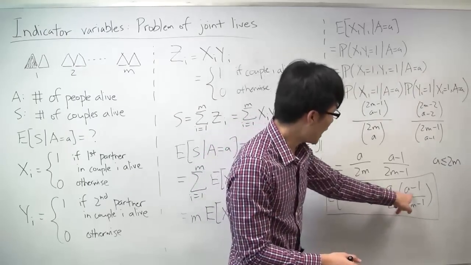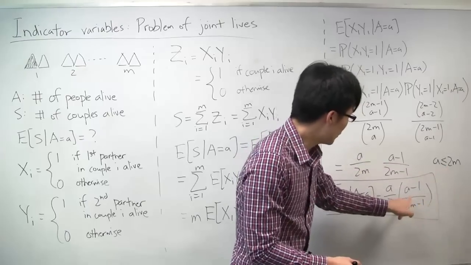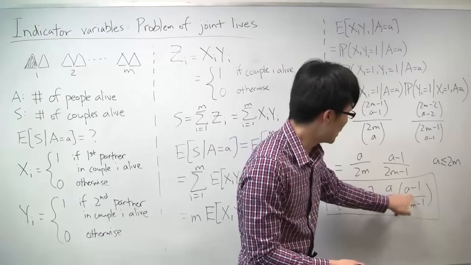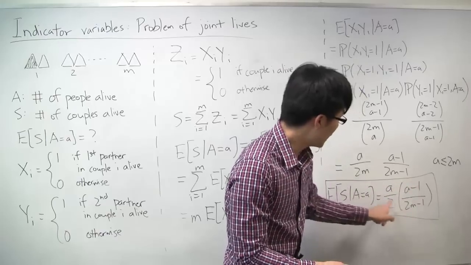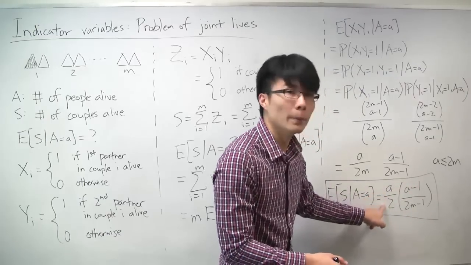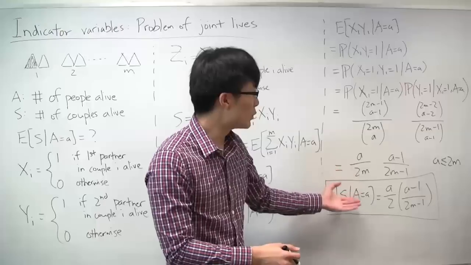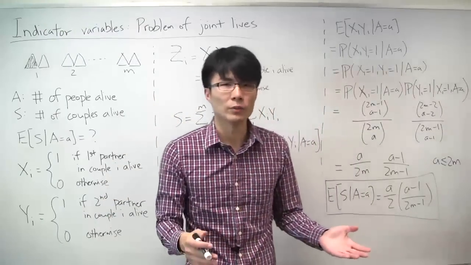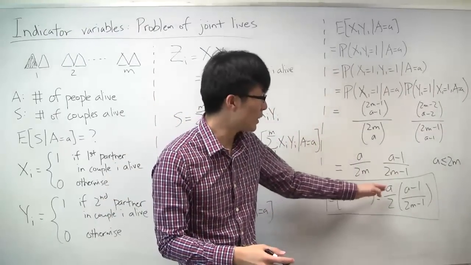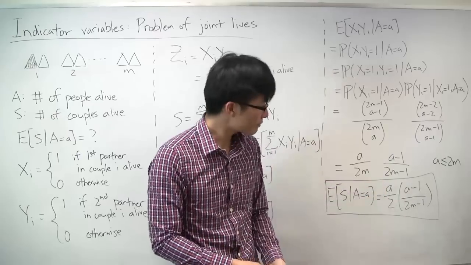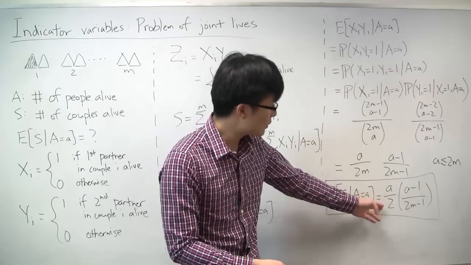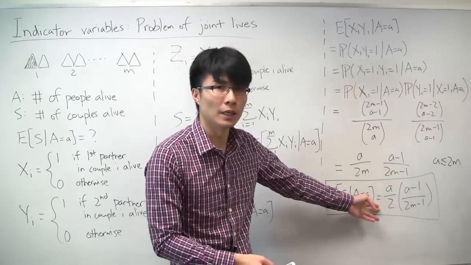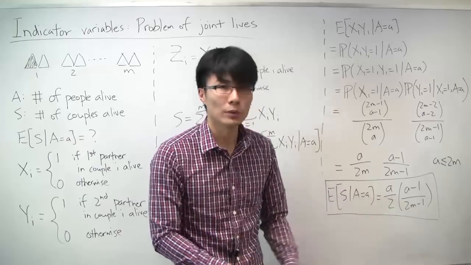Only when a is exactly equal to 2m is this going to be equal to 1, and this is going to be equal to m. So in that case, if all the original people are still alive, then we'll have exactly all the original m couples still alive. But otherwise, it's going to be less than a over 2. So this answer, at least on the surface, seems reasonable.